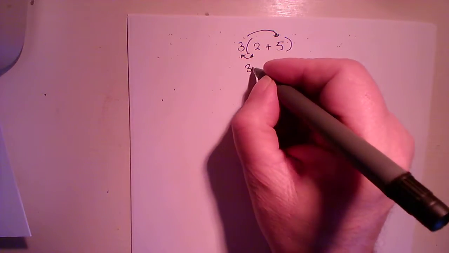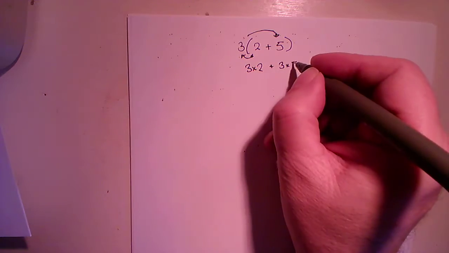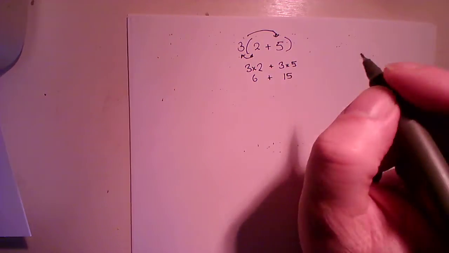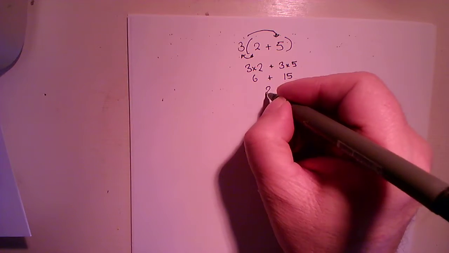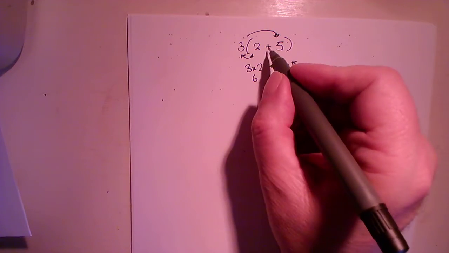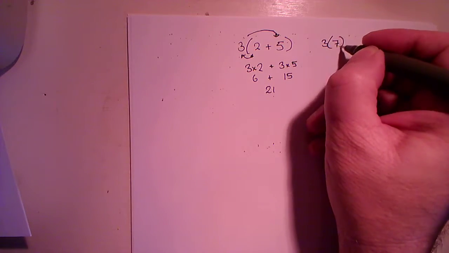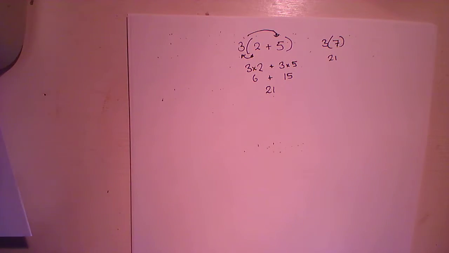So I would have 3 times 2 plus 3 times 5 to get the correct result, and that result there is 21. I could have done it by adding these two together: 5 plus 2 is 7, 3 times 7 is 21, just to prove that that works.